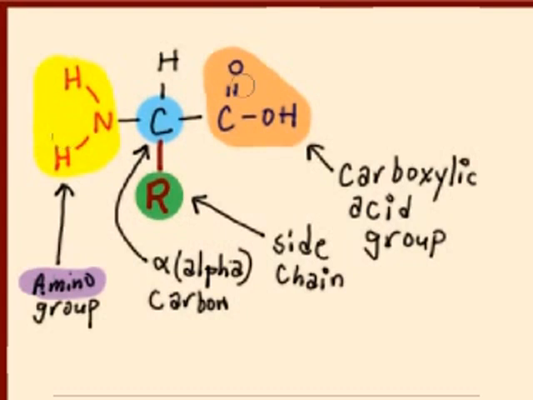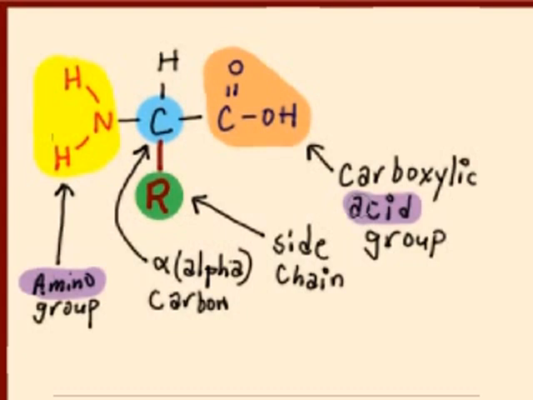It has the carboxylic acid group on the other side. And for that reason, we call them amino acids. And so this first slide here is showing us what an amino acid looks like. And on the next slide, we'll look at an example of 2 of the 20 amino acids.